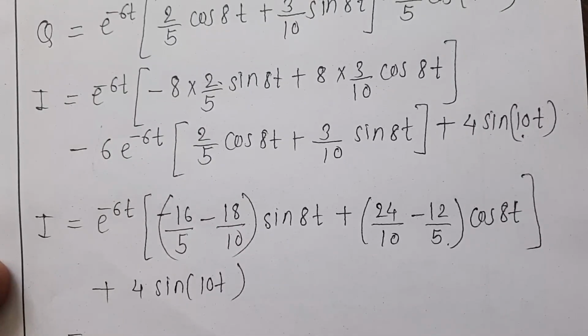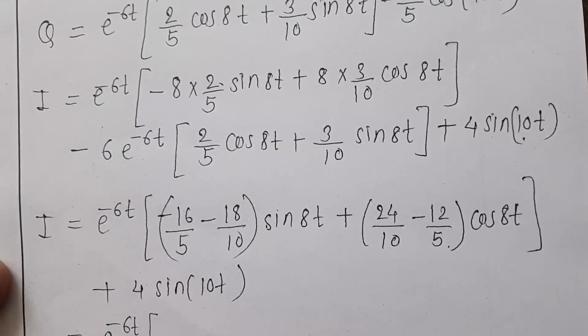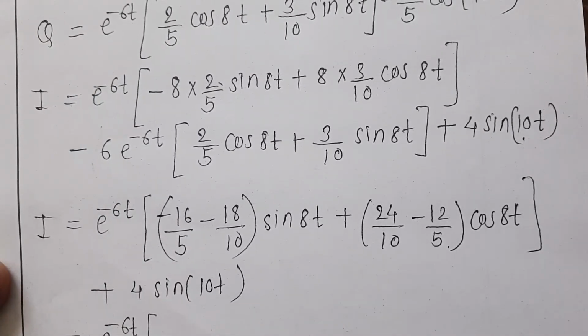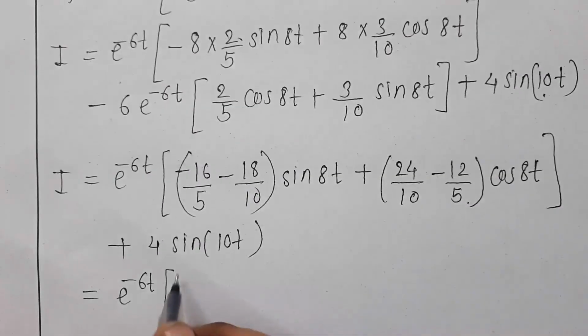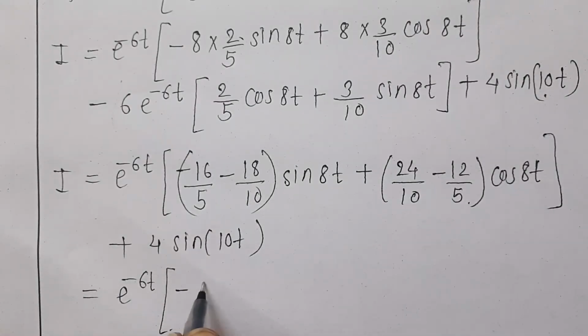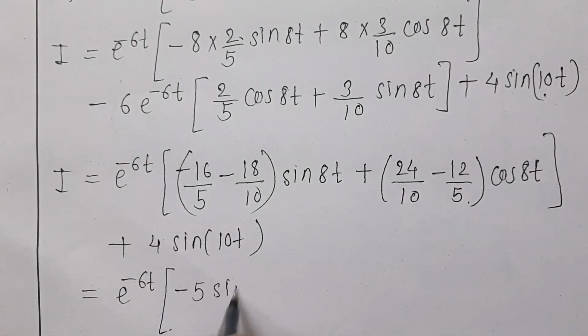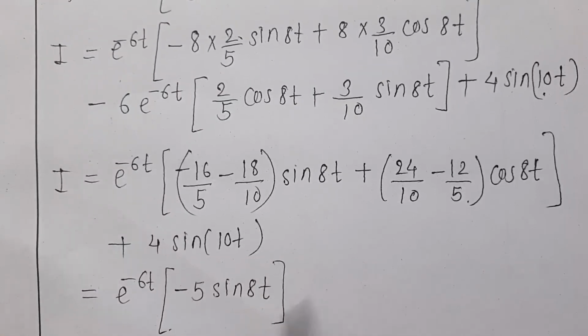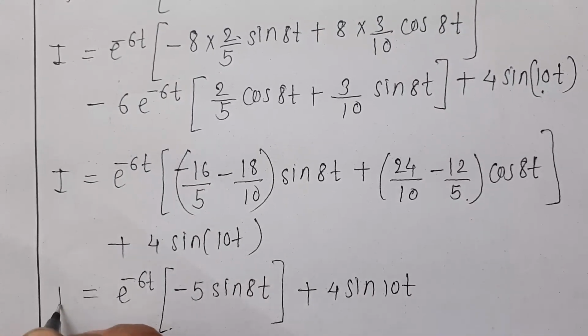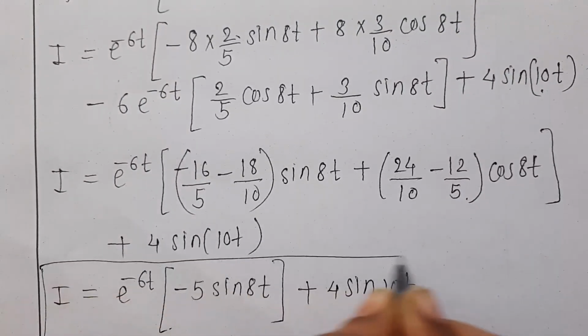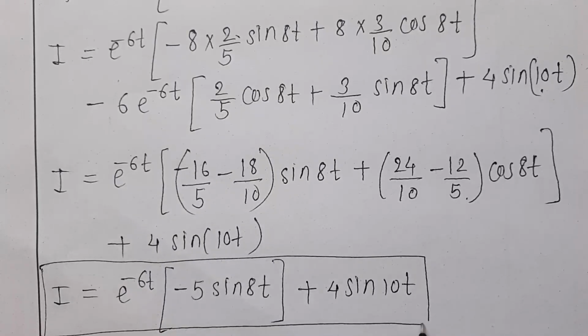So I equals e to the power minus 6t. Simplifying further, this is minus 5 sin 8t and the cos term vanishes, plus 4 sin 10t. So this is the final answer for the current at any time t. Thank you.